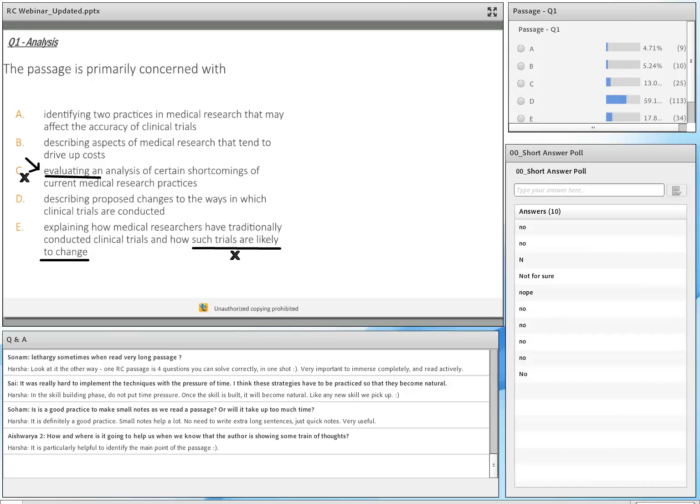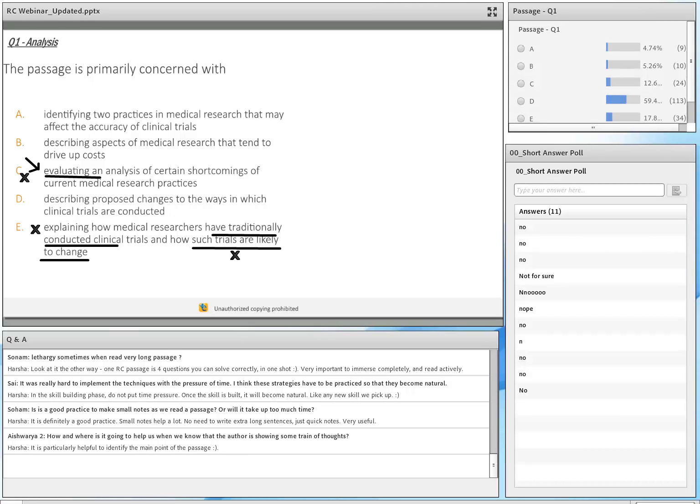This part is wrong, which makes choice E wrong. Okay. Now, do we also know how medical researchers have traditionally conducted trials? We know some aspects in this, but not all aspects, or not many aspects over here. This passage is truly written from what F&M proposes, 2 changes. Okay.